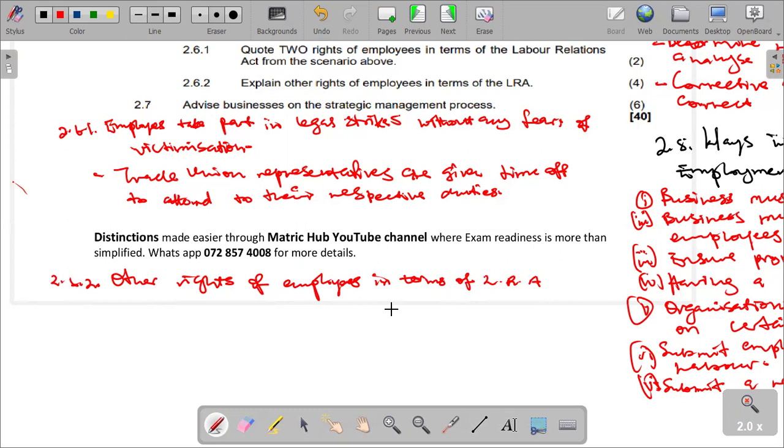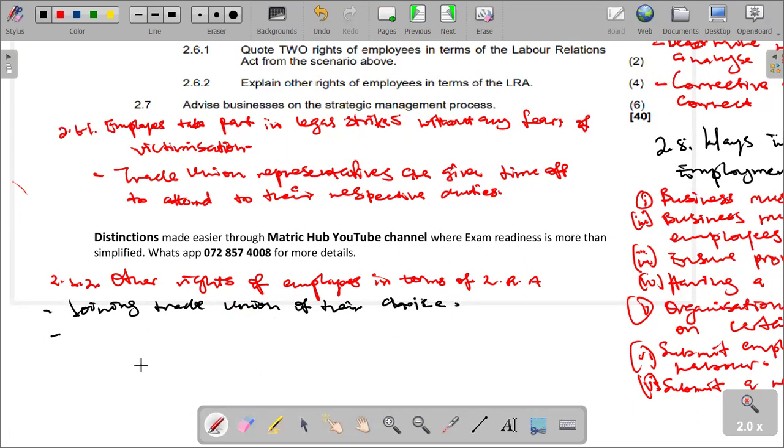In terms of the Labor Relations Act, what other rights are there? Employees must be able to join a trade union of their choice. Joining a trade union of their choice is an employee right.